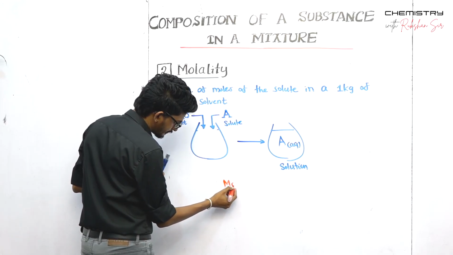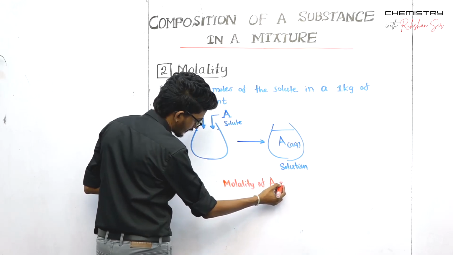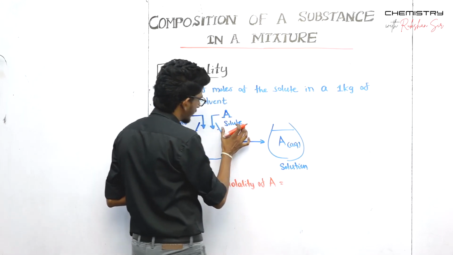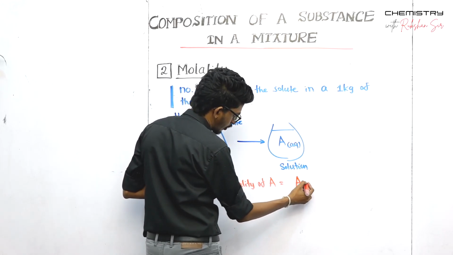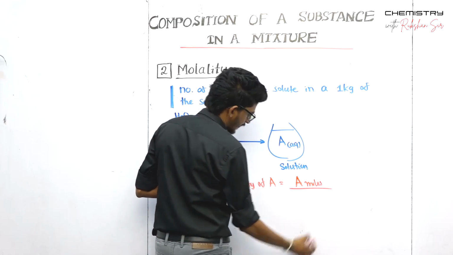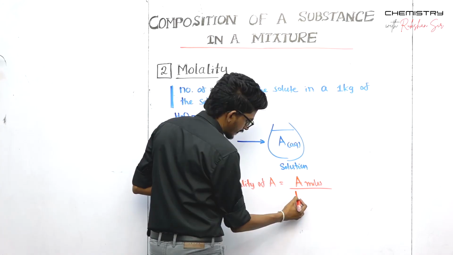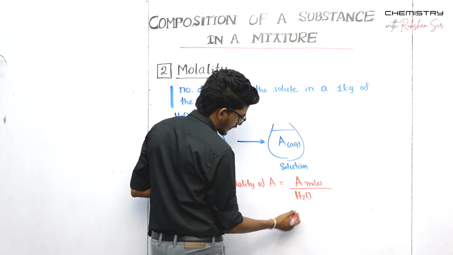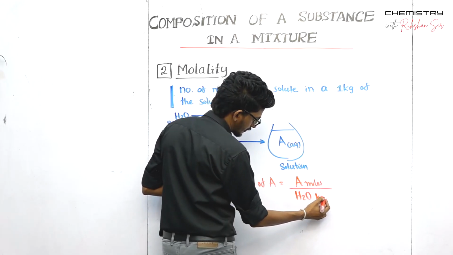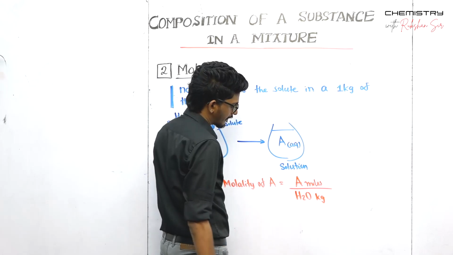Molality of A, the solute, can be written as the moles of A divided by the kilograms of the solvent, as H2O is your solvent.